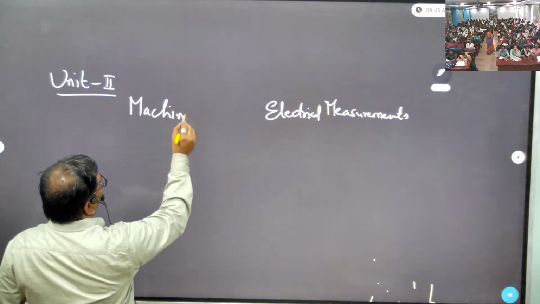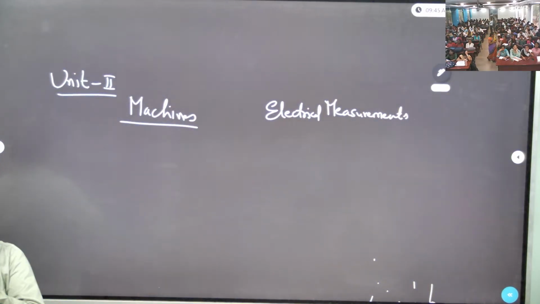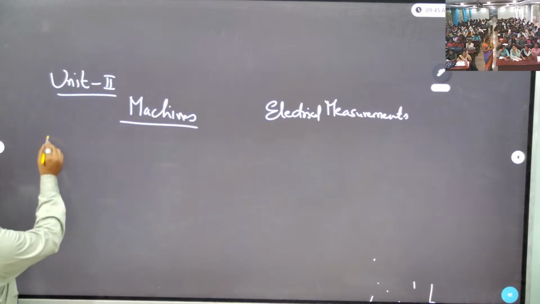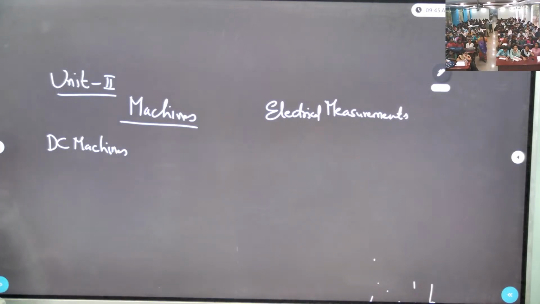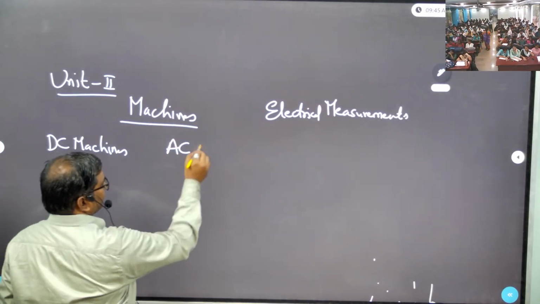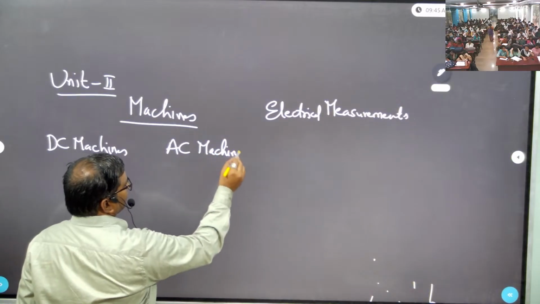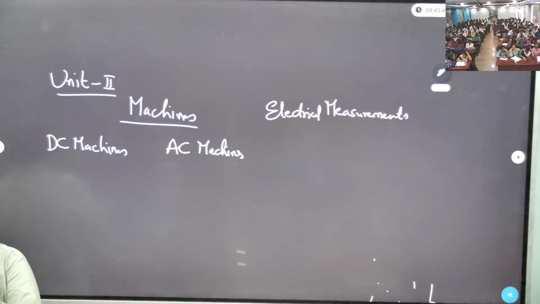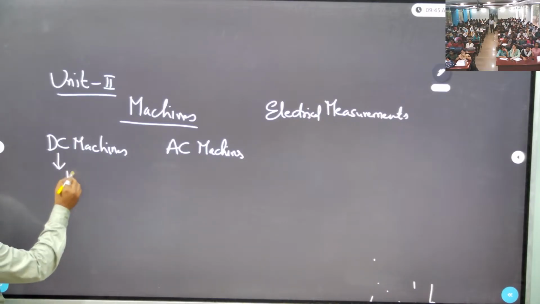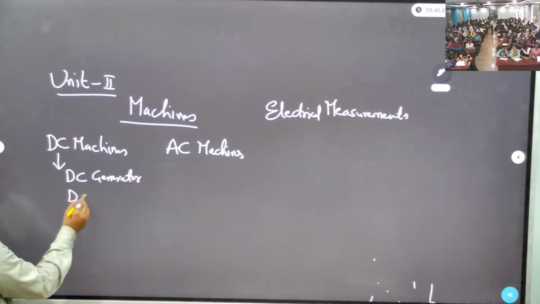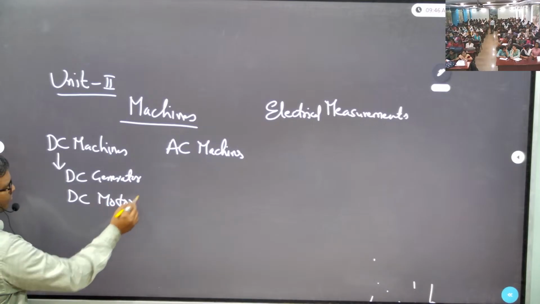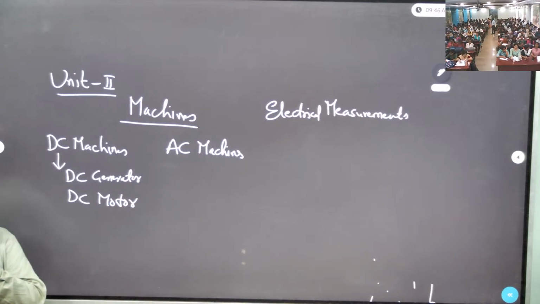So in machines, what will we study? Machines are further divided into DC machines and AC machines. In DC machines, you have the DC generator as well as the DC motor.